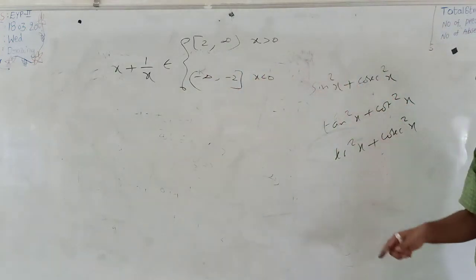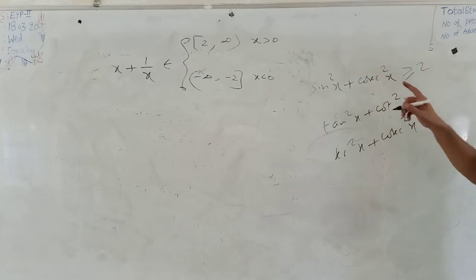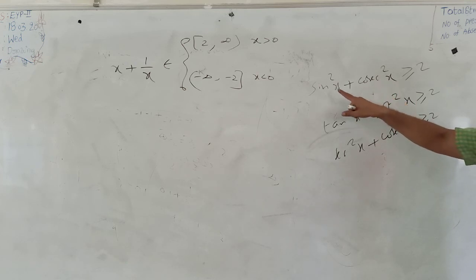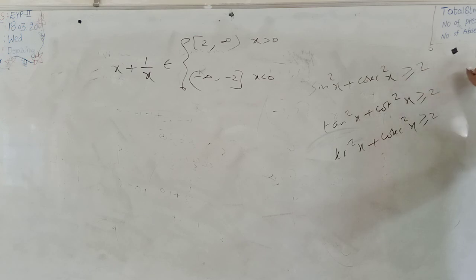Therefore, from that formula, sin square x plus cosecant square x is greater than or equal to 2. This is also greater than or equal to 2. This is also greater than or equal to 2. So, problems based on this come in two ways. One: sin square x plus cosecant square x is greater than or equal to what?